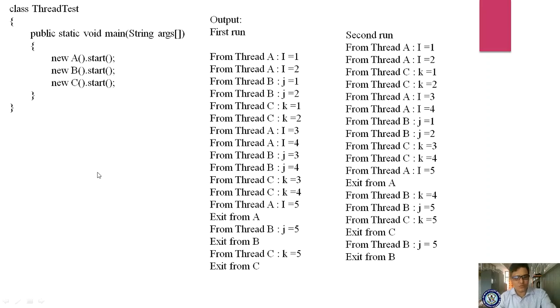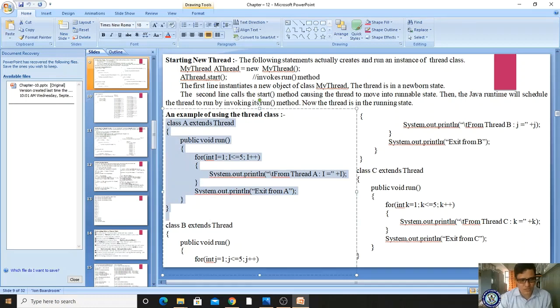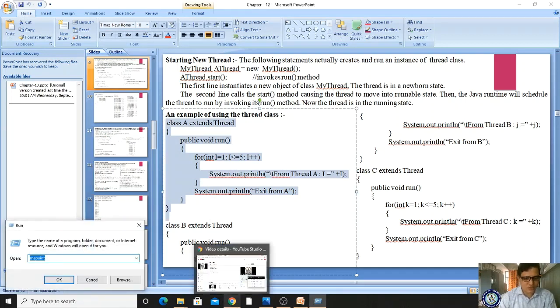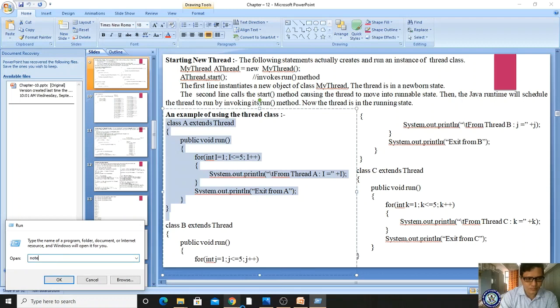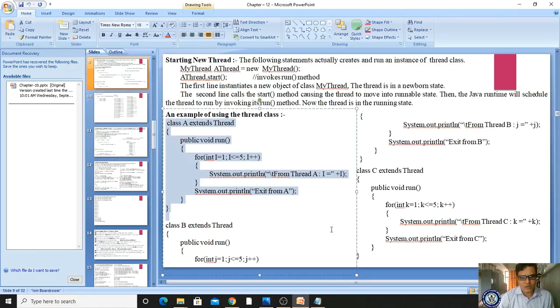For understanding purposes, I am taking the first program and making a little modification. Now I am taking the notepad. I am pasting it, and for class B also I am pasting, only for your understanding.